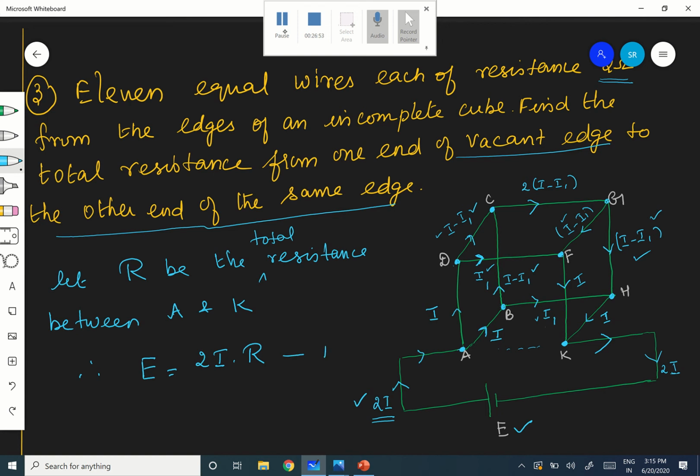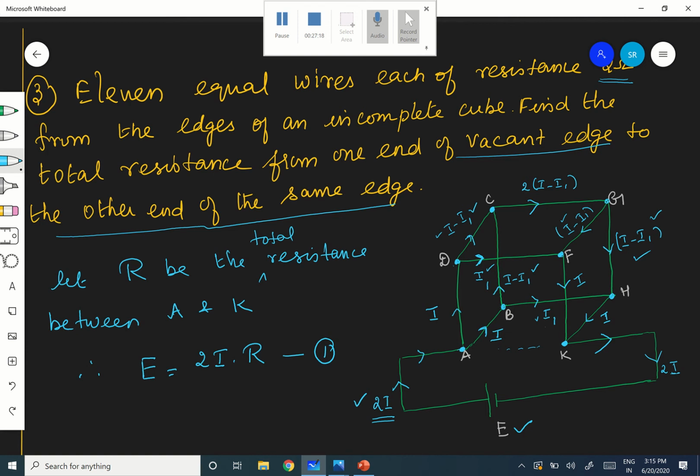Are you following? This is the first equation. If I want the total resistance between A and K, let that be R. Total EMF is known, and total current in the circuit is 2I. Therefore, you can use Ohm's law, E is equal to 2I into R. Right, that is ready.